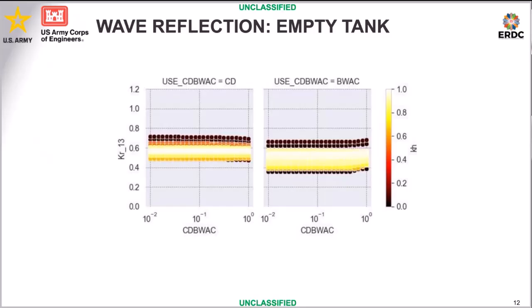So this is on a log scale on the x-axis, going from 0.01, 0.1 to 1 in terms of value with scaling in between. What's interesting here is that even in an empty tank, there is very minimal change in the wave reflection response between 10 to the -2 and 10 to the -1, which is your 0.01 to 0.1.